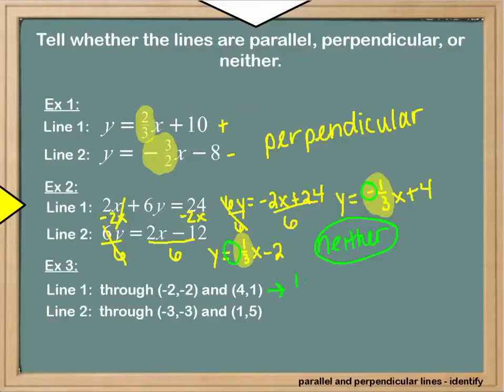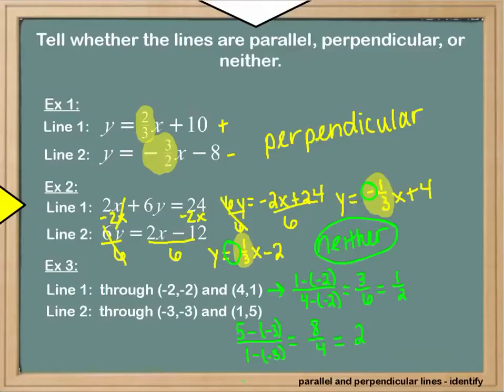So I get 1 minus -2 over 4 minus -2, which simplifies to 3 over 6, or a slope of 1/2. For line 2 using the slope formula, I get 5 minus -3 all over 1 minus -3, which turns out to be 8 over 4, or positive 2.